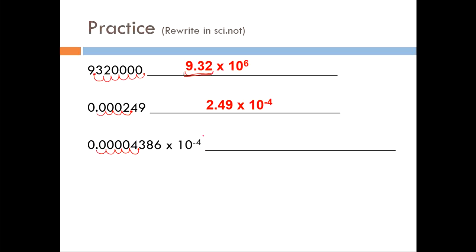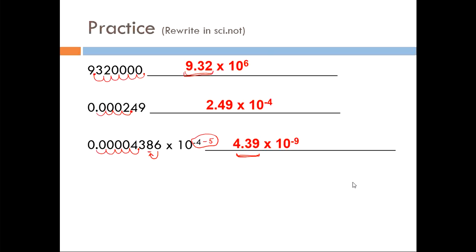So this one already has an exponent, and we move the decimal over to the right. So instead of adding, we're actually going to subtract 5, right? So what's -4 minus 5? 10 to the -9. So this would be 4.39 times 10 to the -9. And the reason why that 9 is there is because all I did was that 6 rounded up my 8, right? Because I just wanted 3 numbers, okay?